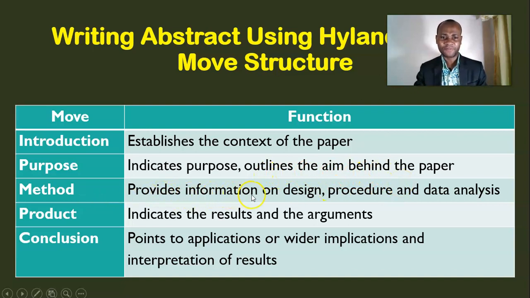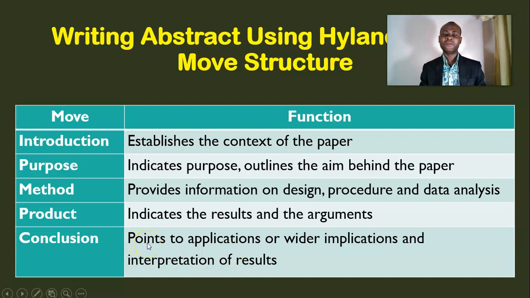The method provides information on the design, the procedure, and data analysis. And then the product indicates the results and the argument. And then the conclusion points to application or wider implication and interpretation of the results. Take note of that.